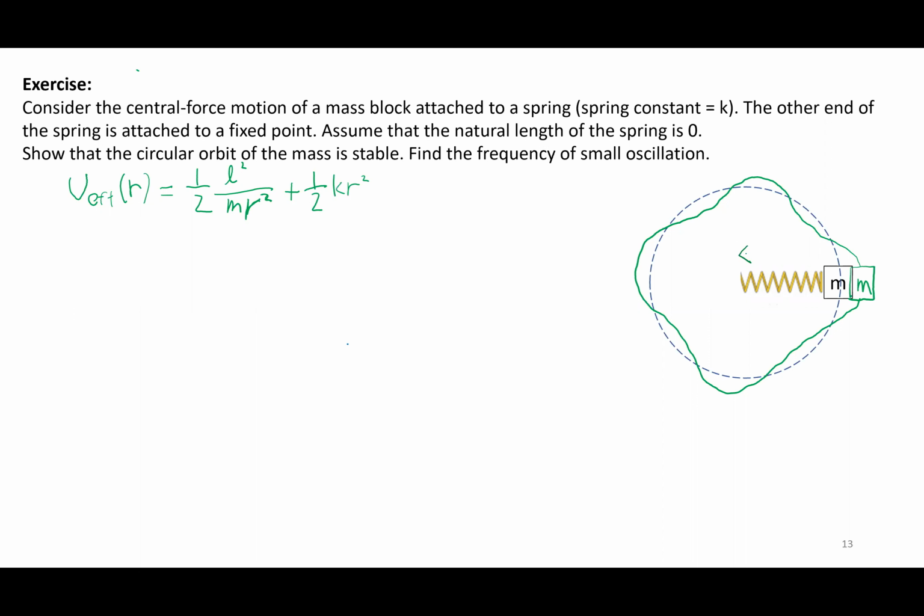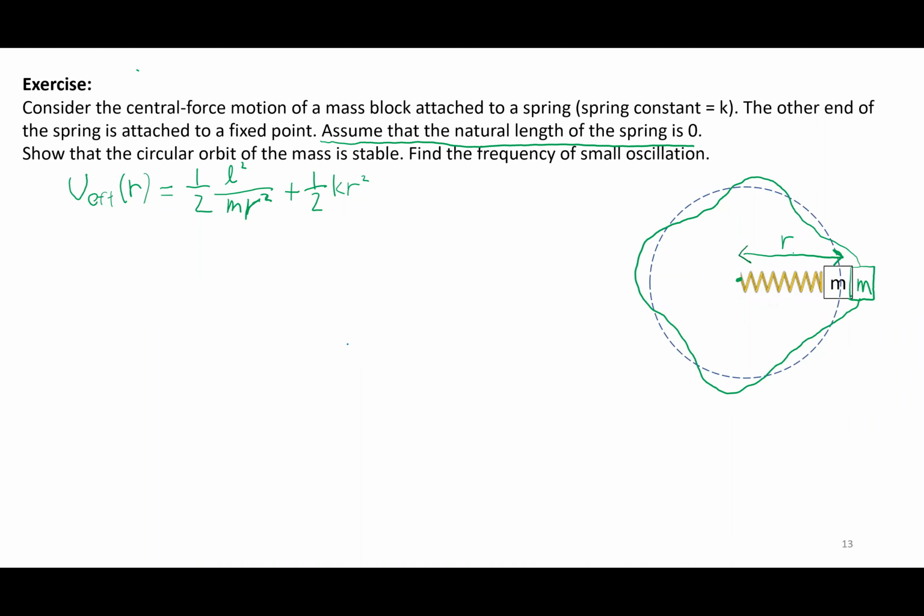Here r is the distance between the fixed point and the mass. You can see that I make an assumption that the natural length of the spring is 0, so the extension of the spring is r itself.